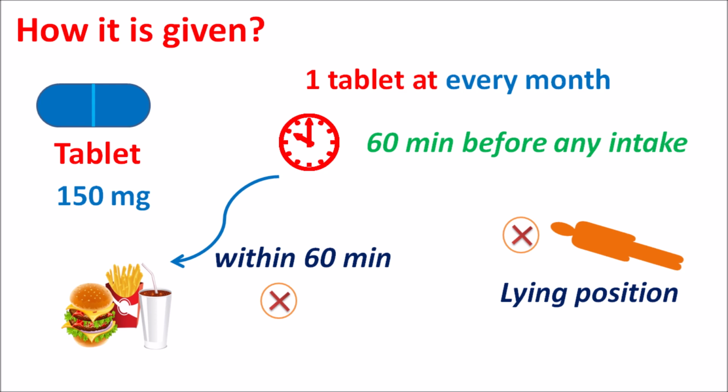Upper GI mucosal irritation, esophageal ulcers, gastric ulceration, perforation are the important precautions that should be considered with ibandronate. This drug can also produce hypocalcemia, which should be closely monitored. So that's about this drug ibandronate, which is a nitrogen containing bisphosphonate.